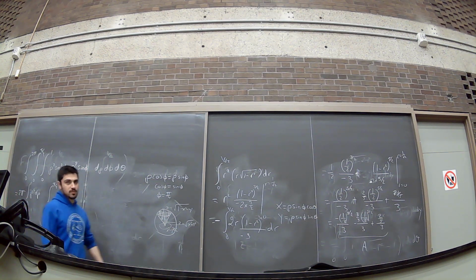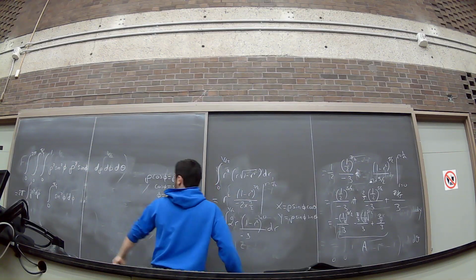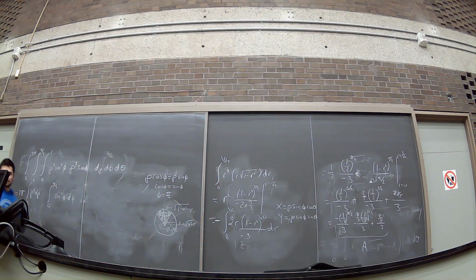Now if you had done a trig sub here, you would have gotten this integral, I think. Maybe. Who knows? But I think so. Had you done a trig sub somewhere, you may have gotten this. So let's do this. What do I get? I get 2 pi over 5.